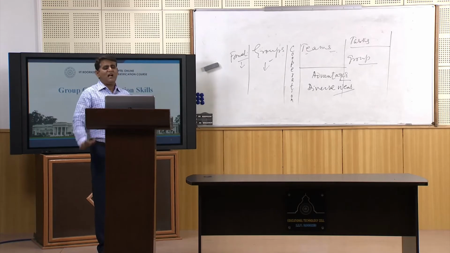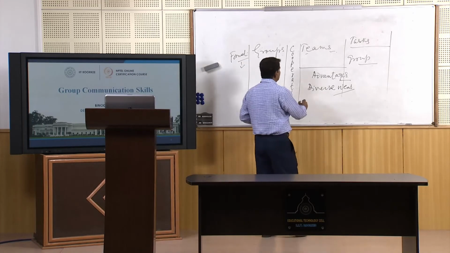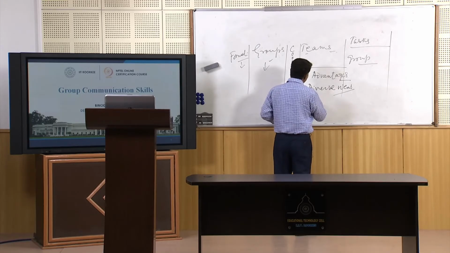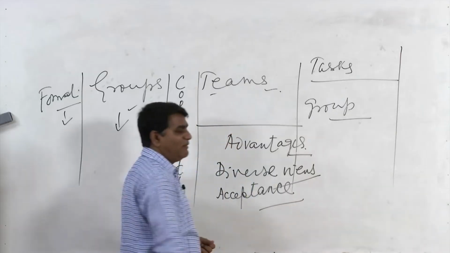So you have diversity of opinion from different corners, from your group members. So the views are diverse, and then when you reach a solution or want to accept the views, no success of a group is possible unless you have acceptance.